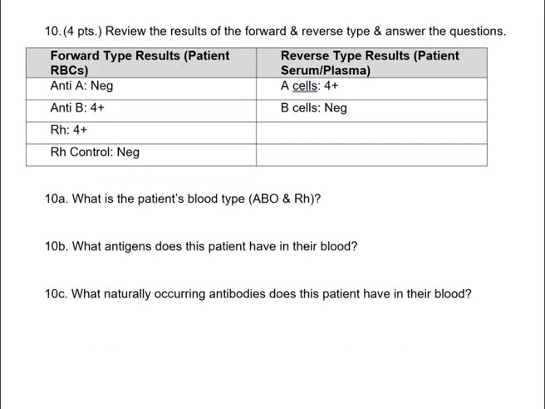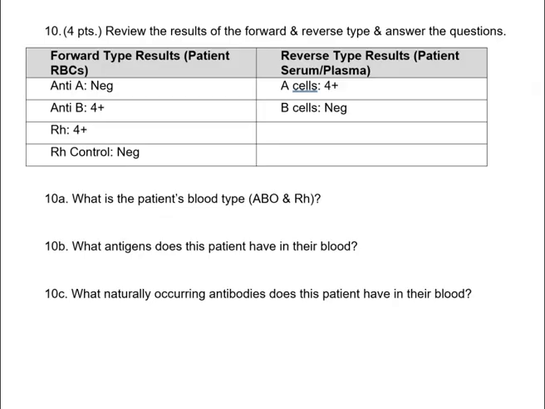Number 10 is the same scenario as number 9. They give us forward and reverse results to review and ask us some questions. First question is, what is the patient's blood type for ABO and RH? Again, we're going to look at our anti-A first.